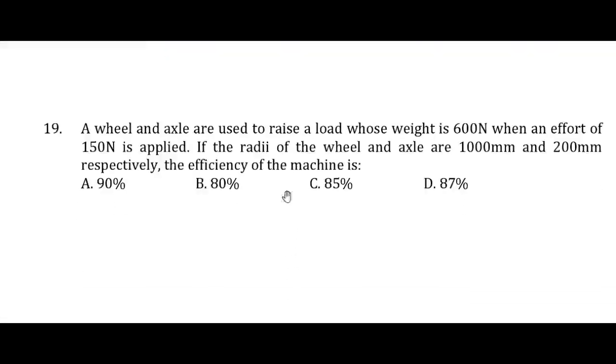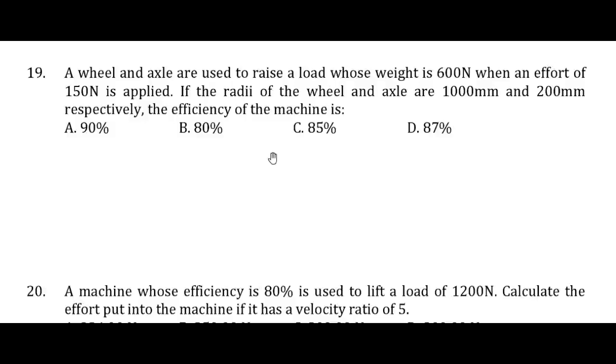Number 19, not the last yet. A wheel and axle are used to raise a load whose weight is 600 Newton when an effort of 150 Newton is applied. If the radii of the wheel and axle are 1000 millimeter and 200 millimeter respectively, the efficiency of the machine is dash.